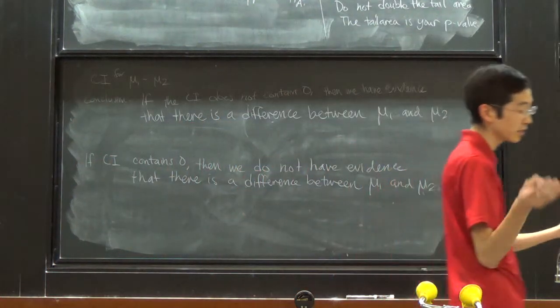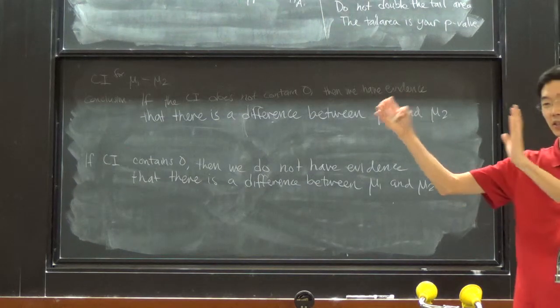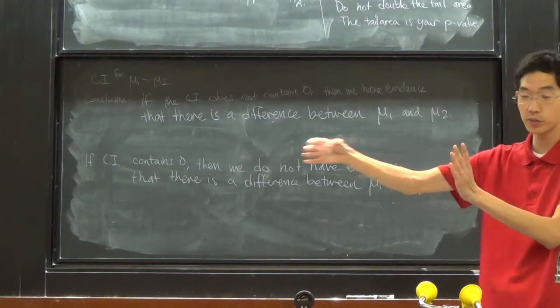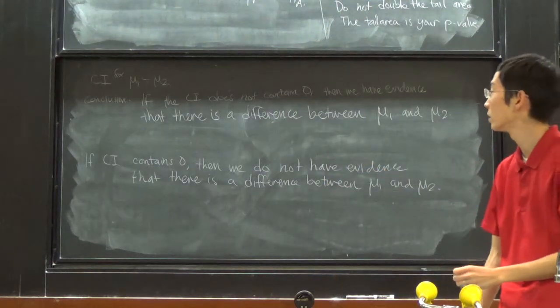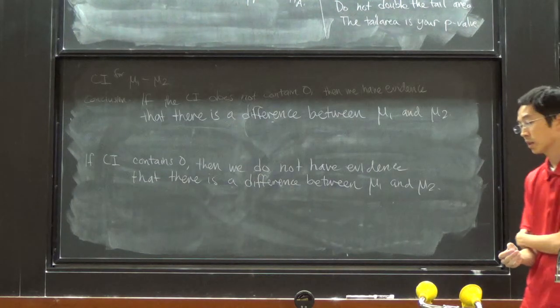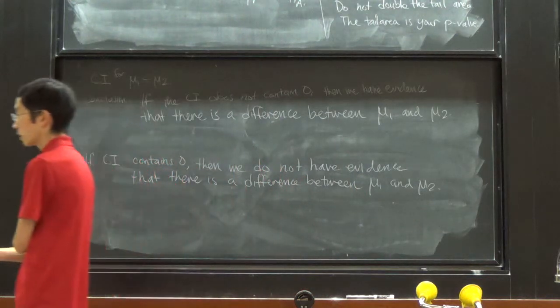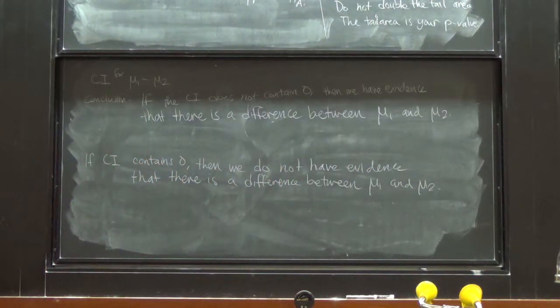On the other hand, if the interval is entirely positive or entirely negative, meaning there is no 0 between the ends of the interval, then we do have evidence of a difference. The conclusions from a confidence interval will match the conclusions made from a hypothesis test.